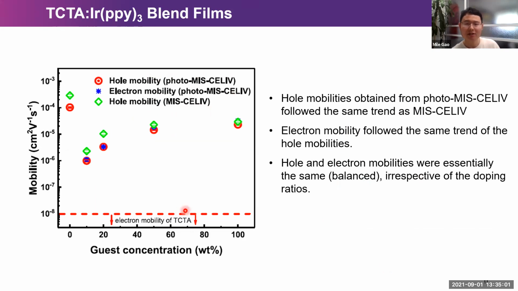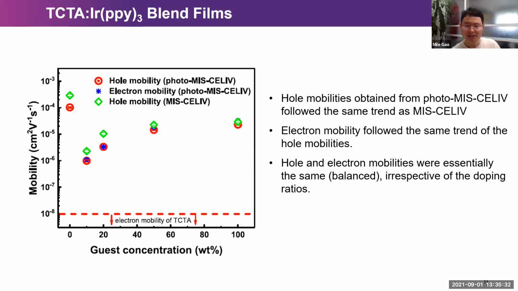We can see that the hole mobilities obtained from Photo-MIS-CELIV, which are the red ones, follow the same trend as those measured using MIS-CELIV, which significantly decrease from the neat TCTA film when ERP is blended at 10 weight percent, and then increase with increasing ERP concentration.